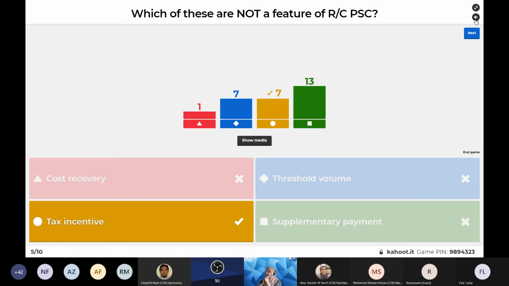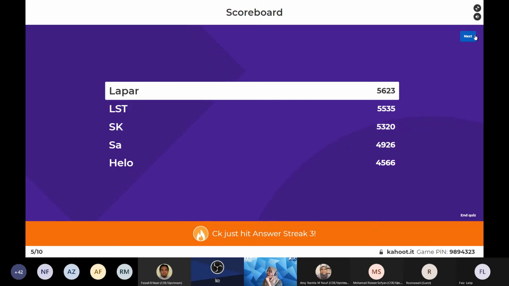Answer is tax incentive. I see that many of us answered supplementary payment. Well, Lapar is still leading with LST and SK.